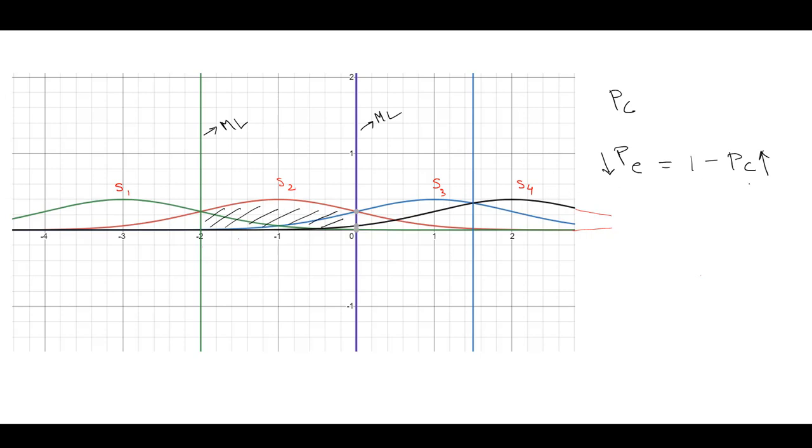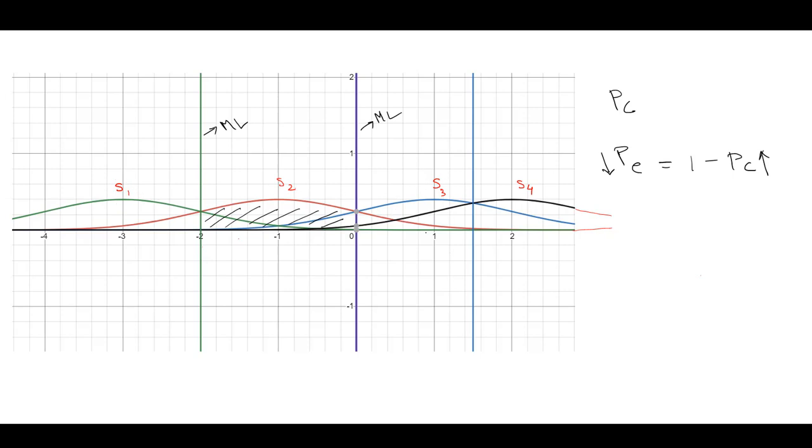As PC increases, PE decreases, and we see that the area under this curve is less than the area under that curve. Hence, the probability of correctly decoding S2 is less than that of S1, or we can say the probability of error for S2 is greater than the probability of error for S1.